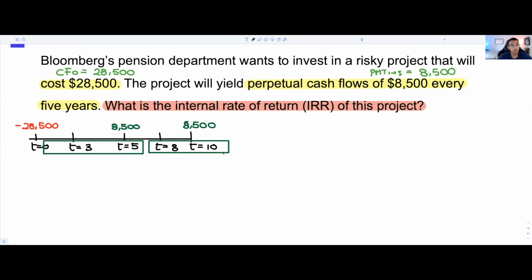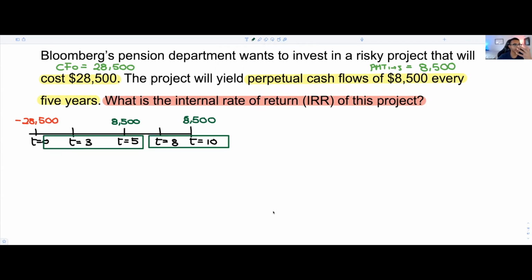Okay. And because we know that IRR is a specific point, right? It's a point at which your NPV is equal to 0. We're going to solve for that given K. All right. So it's simple. In this case, we know that 0 will be equal to the present value of your future CFs minus your initial investment of CF0.